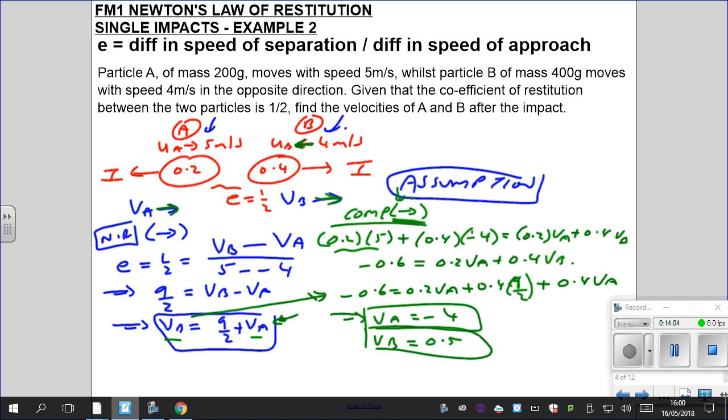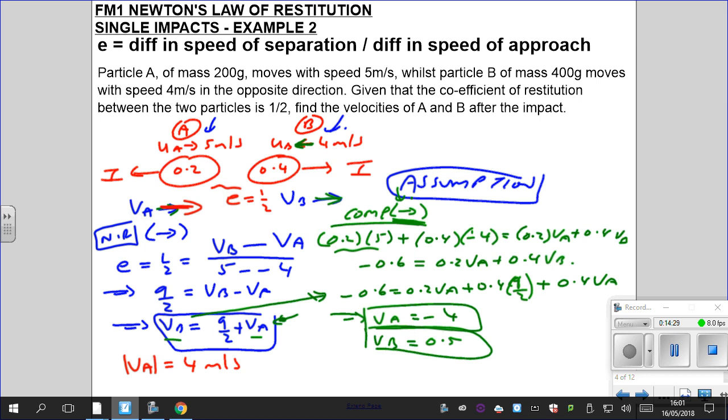Okay, so let's talk about what this means. Our conclusions. So the speed of VA is 4. Speed's always positive, isn't it? But now I need to understand what that minus means. I assumed VA was going to the right from my diagram. If I get a negative answer, my assumption must be wrong.